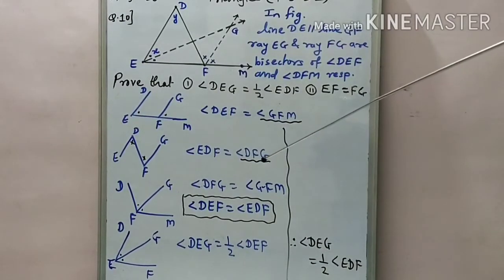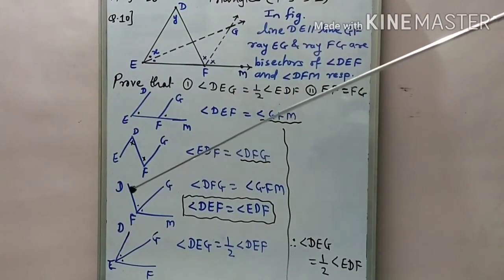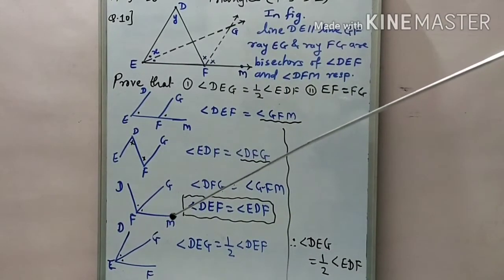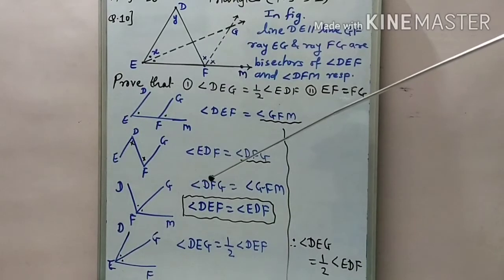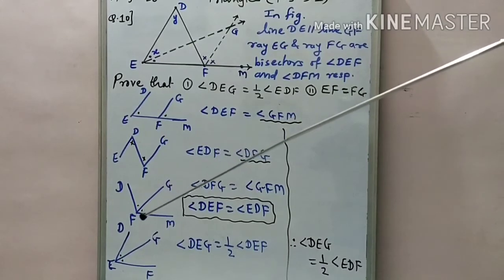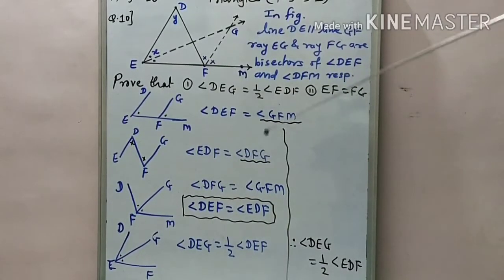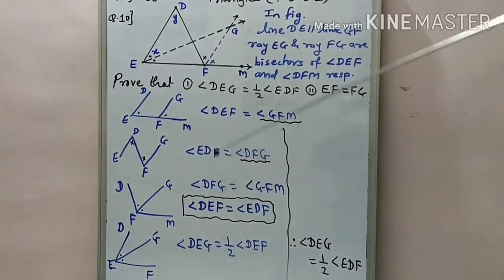Okay, so what we know about ray FG is that it is the bisector of angle DFM, and it means it divides angle DFM into two equal parts, angle DFG and angle GFM, meaning this right hand side part is equal in measures of angles. So we say angle DEF and angle EDF are also equal, the left hand side part angles.